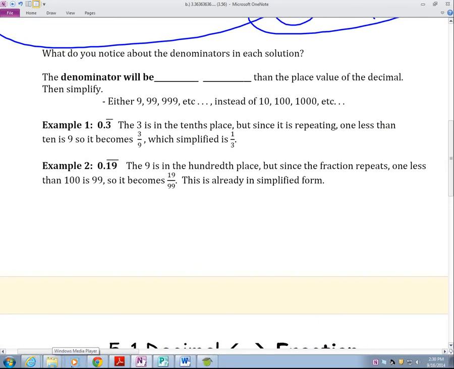Now, here's what it says. Quiet. Do you notice anything about the solutions before the simplification? Look at the solutions before simplification.